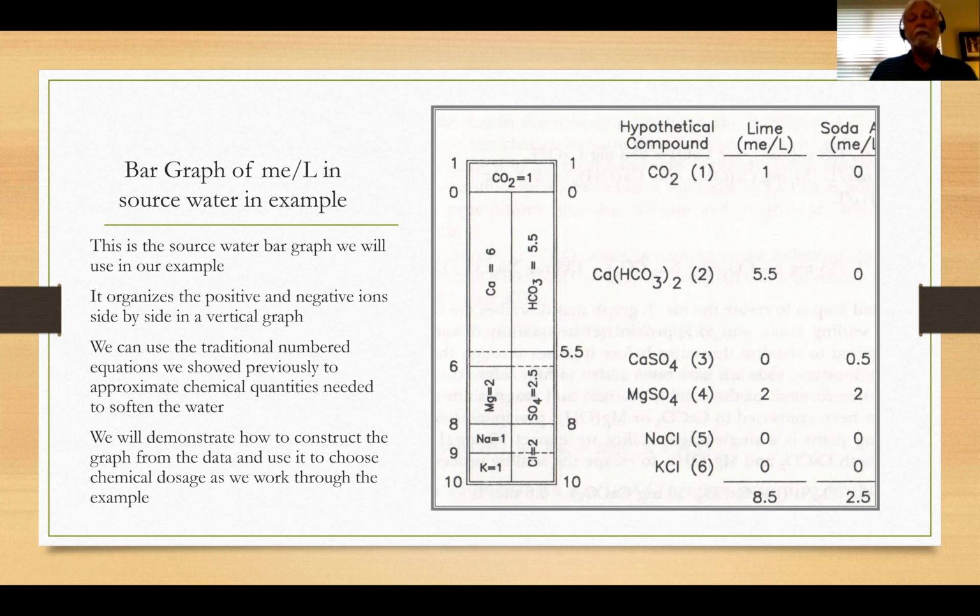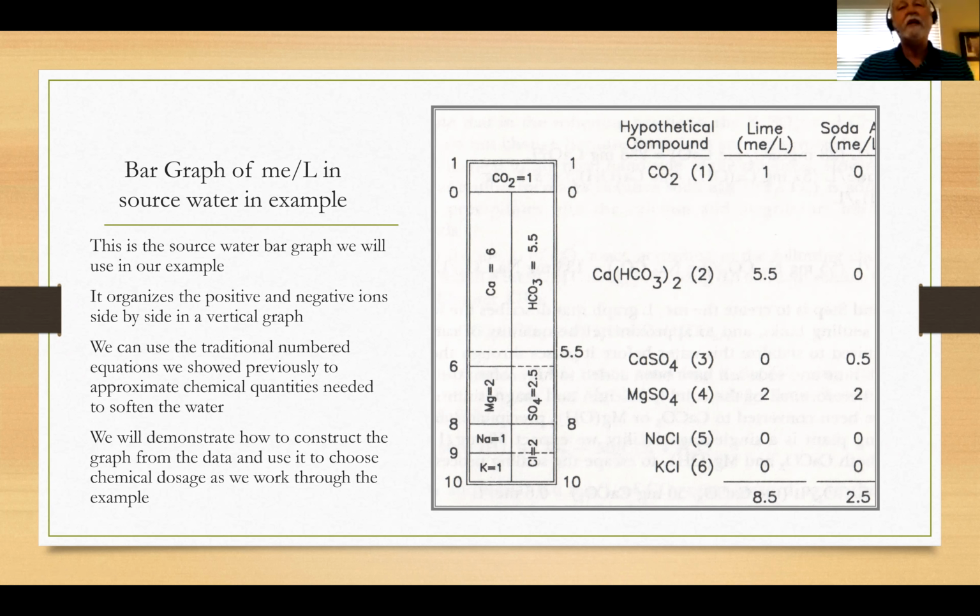That will produce magnesium hydroxide, but it also gives us a calcium sulfate. And if you go back to the equations, you'll see that. And so I need 2 more milliequivalents per liter of soda ash to take care of that calcium sulfate and take it over to calcium carbonate.